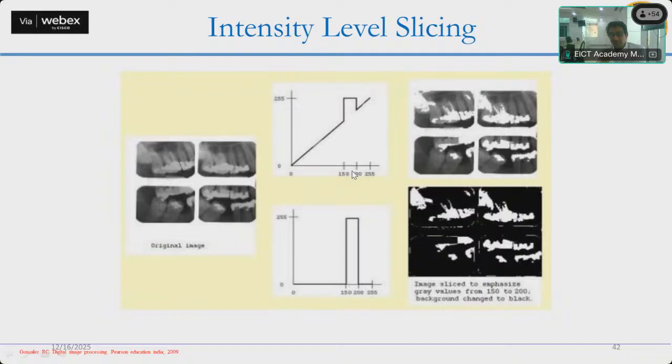Outside this region it is exactly a linear line, so it is a linear mapping. If it is 150 here, it is 150 there. But between 150 to 200 the values have been changed, and when the values are changed we are able to see this type of image, where 150 to 200 is highlighted.